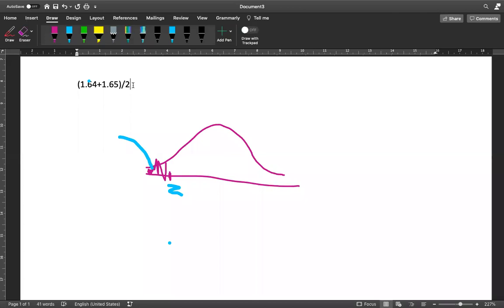So we take the average and we have negative 1.645. So our critical value is negative 1.645. Do you get it?